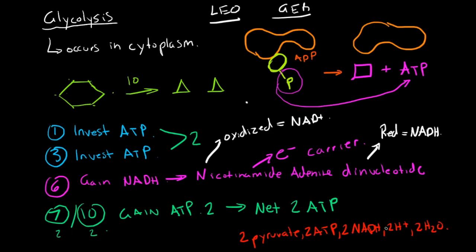And I encourage you to write this down just in case you need to remember it. So we're going in with 1 glucose molecule, 2 NAD+ are going in, and 2 phosphates are going in, and 2 ADPs. And then you end up with your 2 pyruvates, 2 ATP molecules, 2 NADHs, 2 hydrogens, and 2 waters. In the next video, I'm going to talk about the oxidation of these pyruvates before it enters the Krebs cycle.